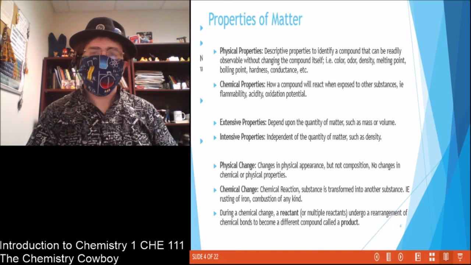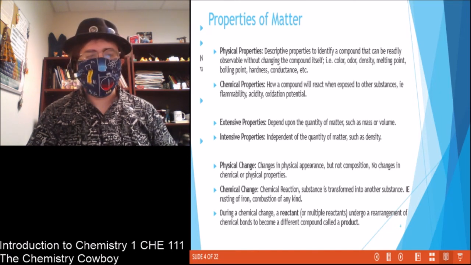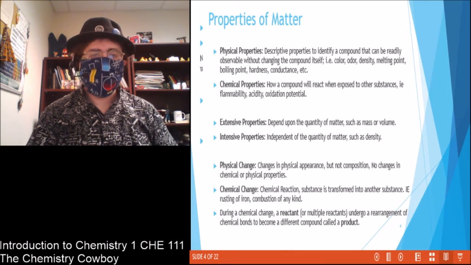Well, if you melt it, you can usually refreeze it back into a solid again, and it still retains its properties. If I melt iron into liquid iron, it's still iron. It hasn't changed. I can put it back.